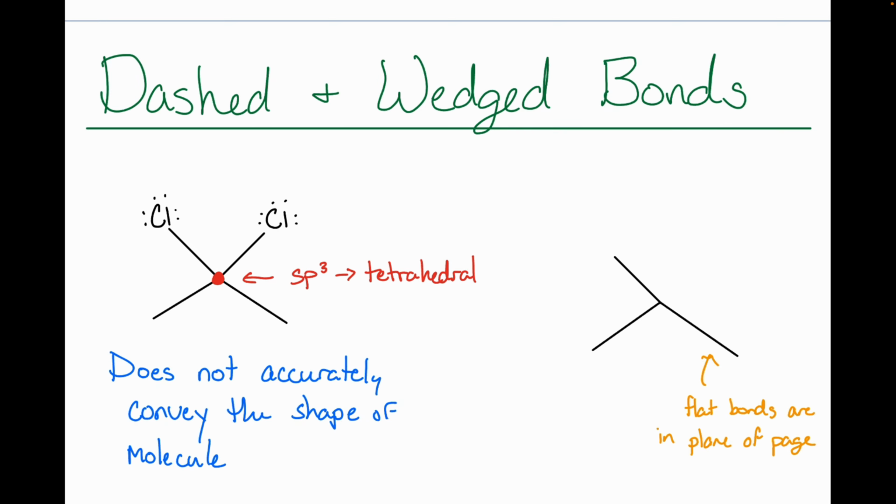For that, we use what we call a wedged bond. So I'm going to draw this little wedge with my chlorine atom on it. The wedge indicates that this bond is pointed out of the page.